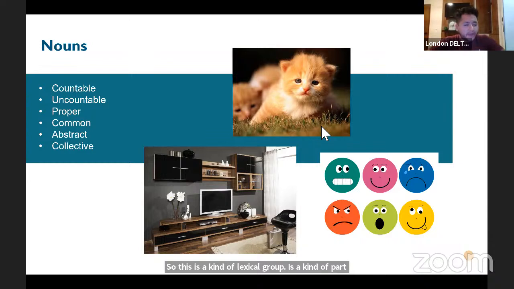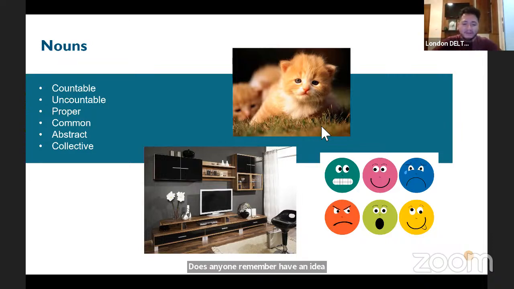So what are nouns? What do you think? Do you remember if someone tells you nouns? What comes to your mind? ¿Qué son los nouns? It's translated as sustantivos. What are nouns? Does anyone remember, have an idea?